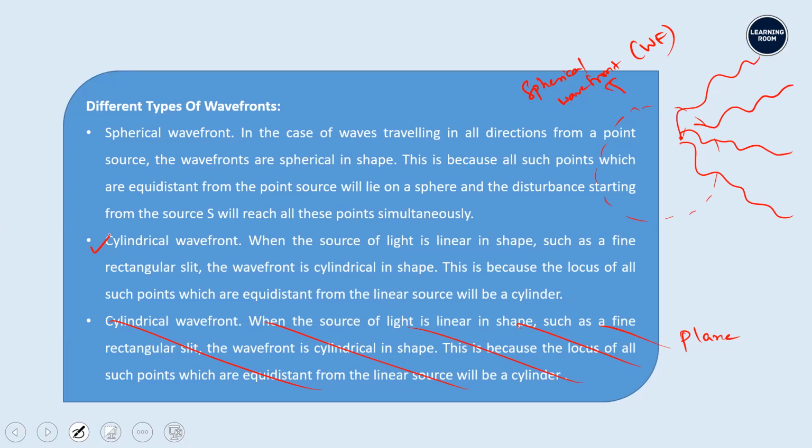How is it so? Let's ask. Suppose this is the linear source. Let's say this whole thing is a light from which the brightness is coming out. Then this whole system consists of multiple point sources present on it.